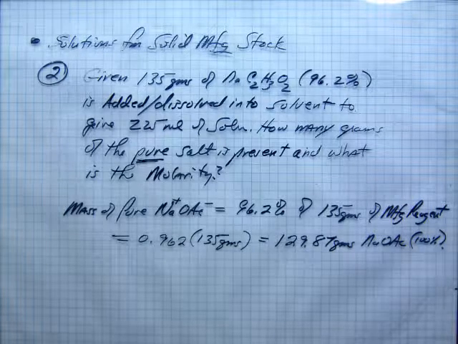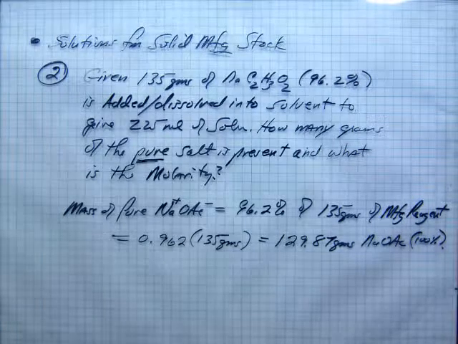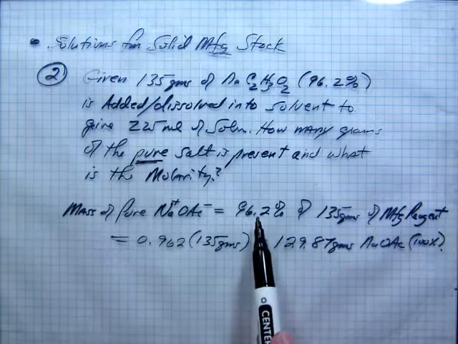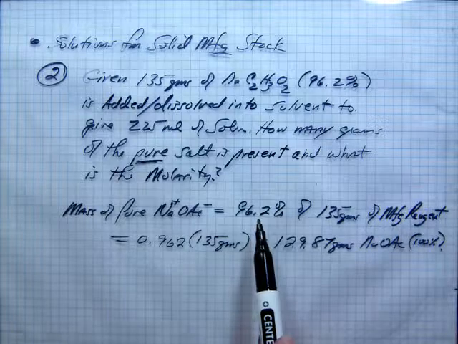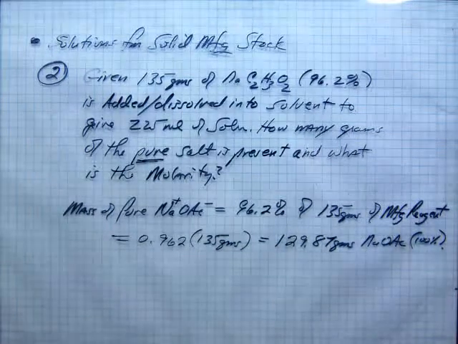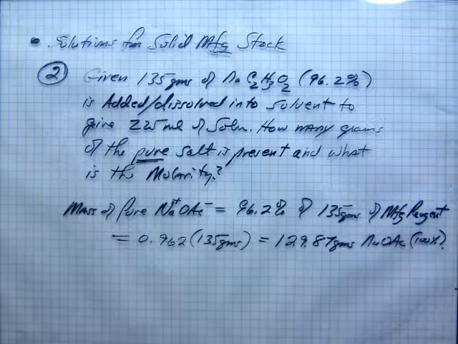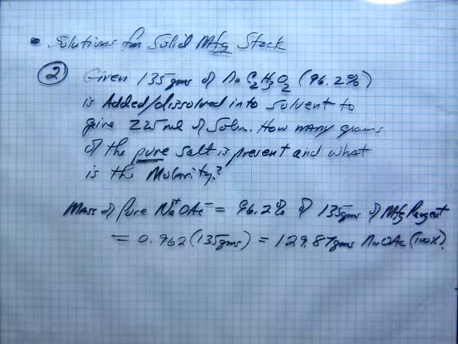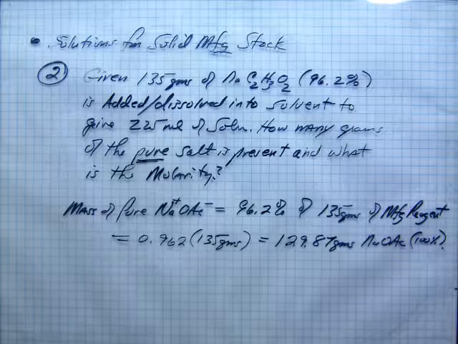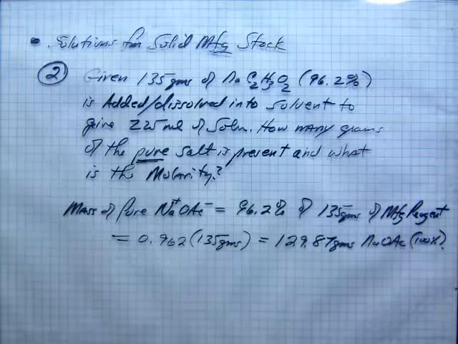So that's how much real chemical is in the solution. Does everybody have an understanding of how this purity factor is used now? It's saying that all of what you get in there is not true 100% pure compound that you need. A certain percentage is impurities.